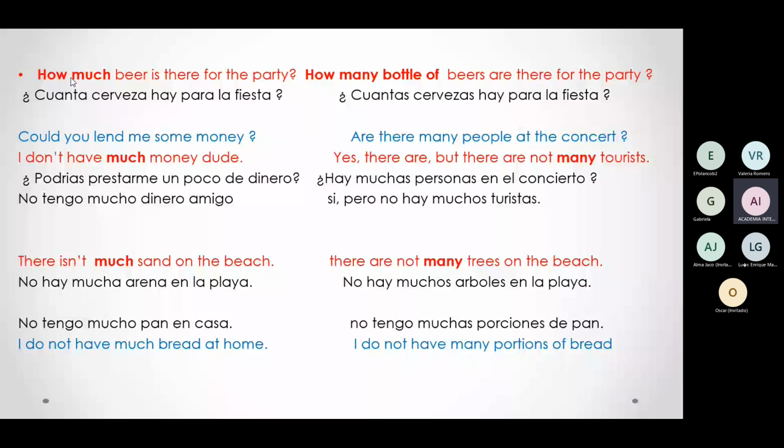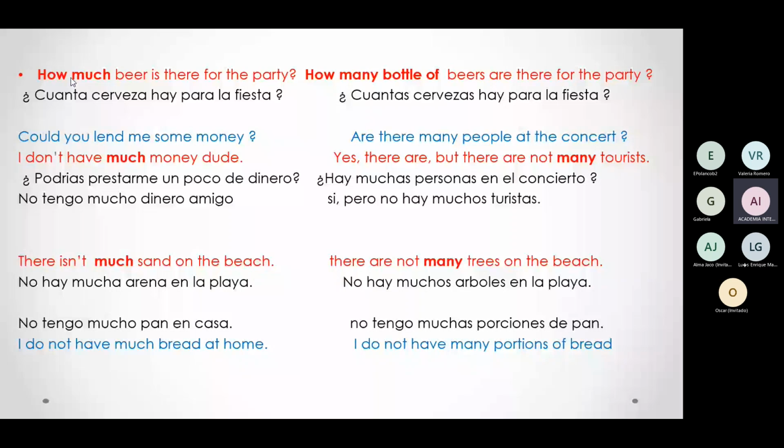A liquid, es un líquido. We cannot count liquids like oil, beer, soda, water. Those are liquids. We can count bottle of water, bottle of soda. Podemos contar las botellas, pero no el líquido en sí, ¿verdad? Sonaría raro.